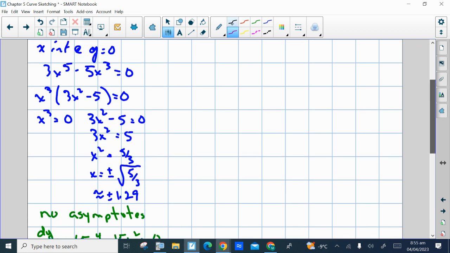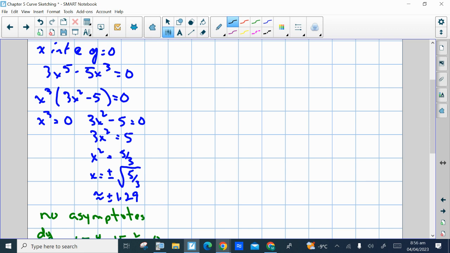So now let's find our second derivative. From the first derivative, we differentiate again, we'll get 60x cubed minus 30x and we want to find the critical numbers for that. There's a common factor of 30x there, which will give us 2x squared minus 1.